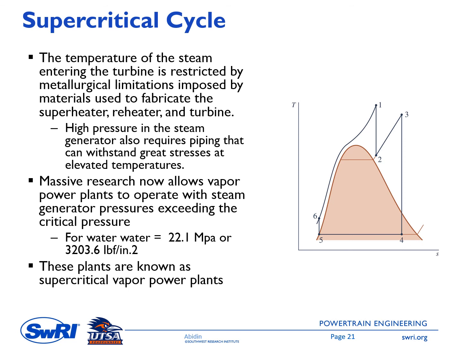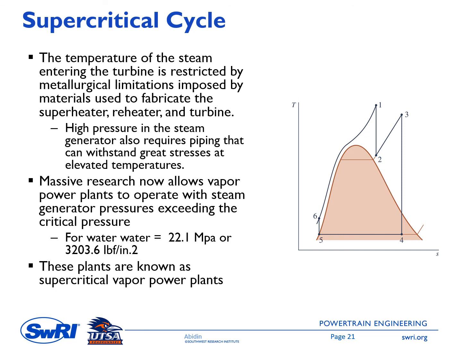The next system modification is by having a supercritical cycle. The temperature of the steam entering the turbine is intended to be as high as possible. However, the level of this temperature is restricted by metallurgical limitation imposed by materials used to fabricate the superheater, reheater, and the turbine itself.